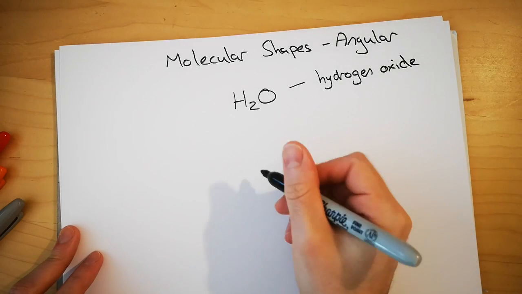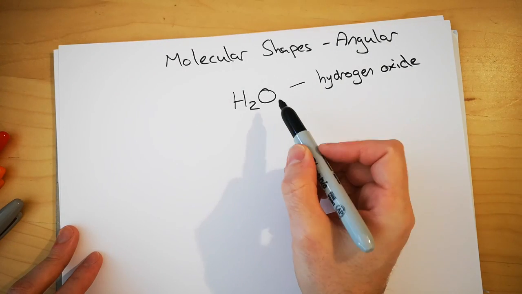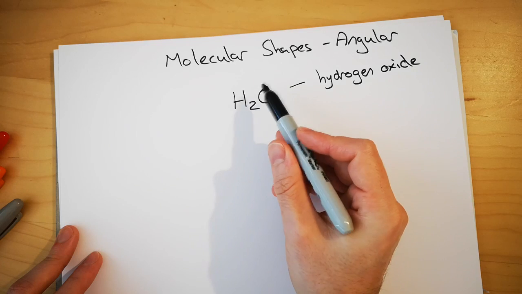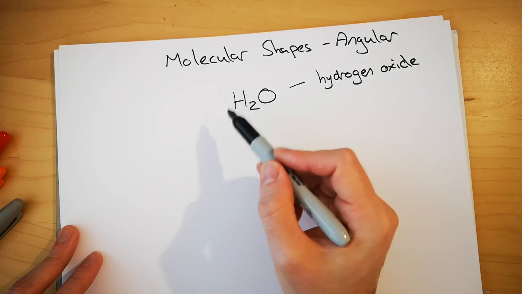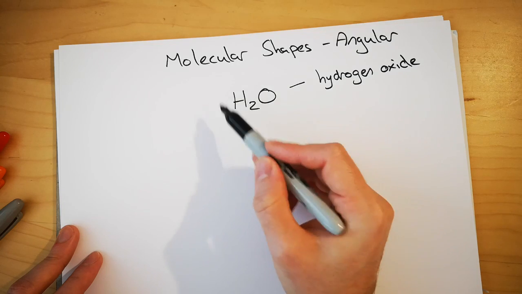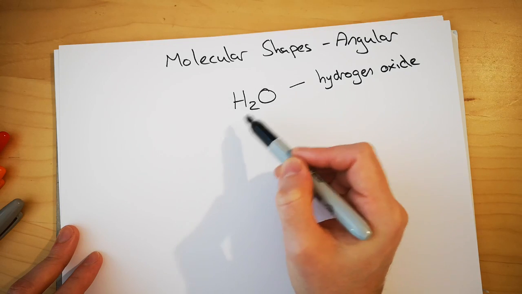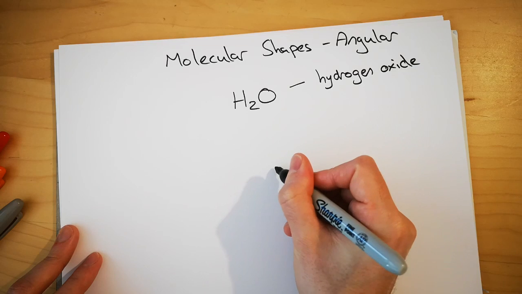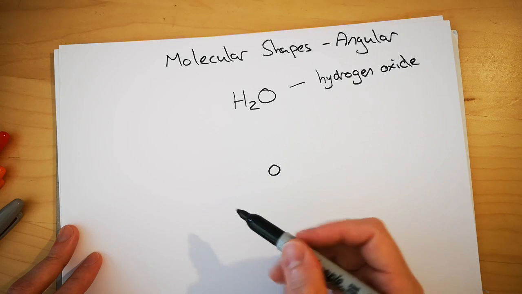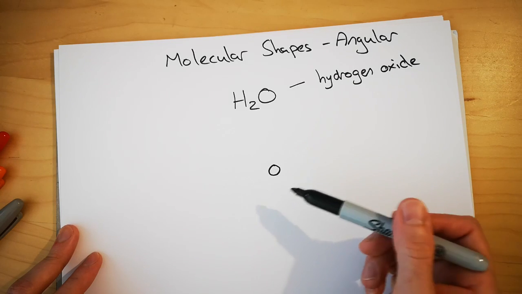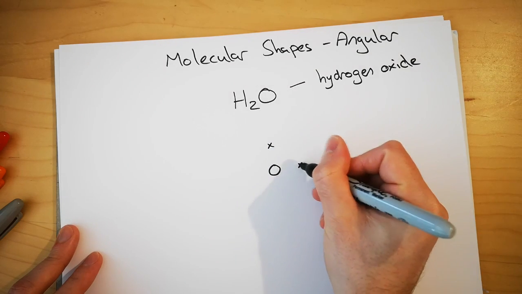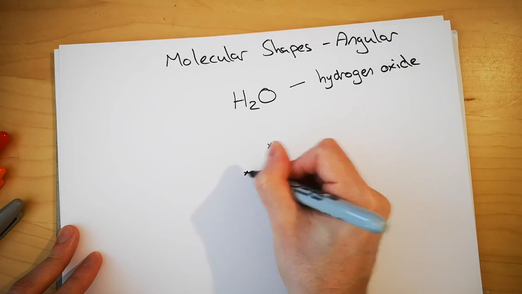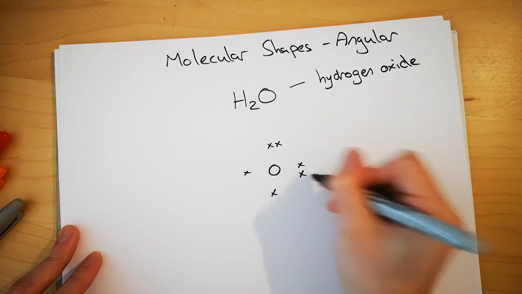The oxygen is the central atom because it's the only one of that particular element, and we've got 2 hydrogen atoms of that element. So I'm going to start off with oxygen. The electron arrangement is 2, 6, so I can put in 1, 2, 3, 4, 5, and 6.